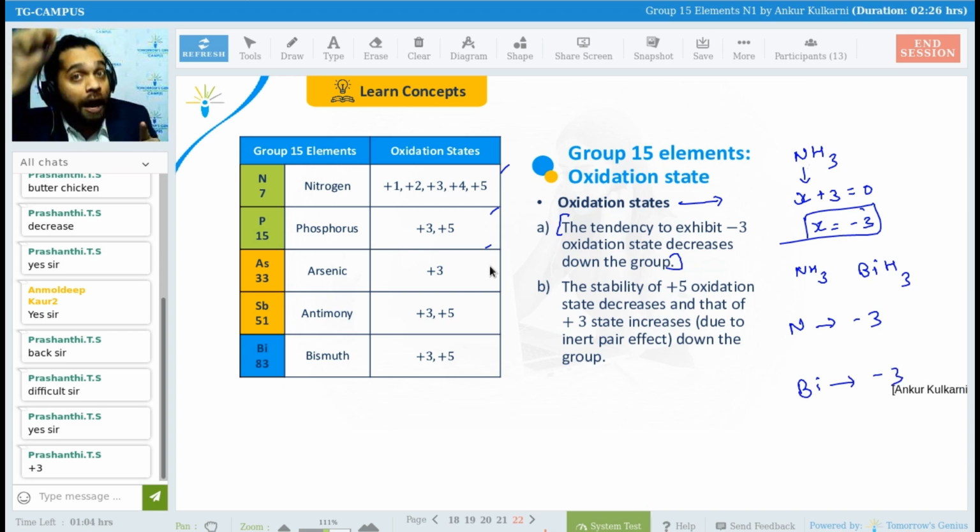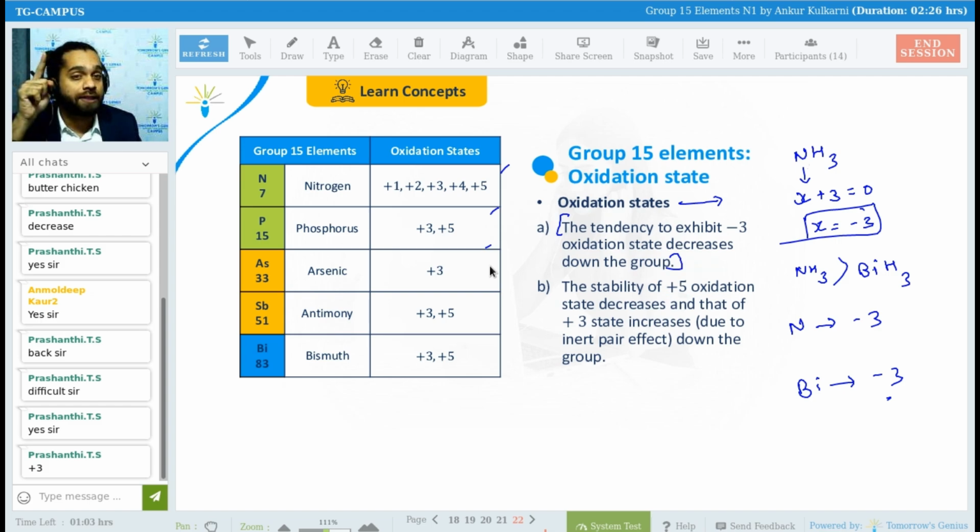You will not look at the size now, you are looking at the stability. In NH3 your nitrogen is -3, in BiH3 your bismuth is -3. As we go down the group, the -3 oxidation state stability decreases.